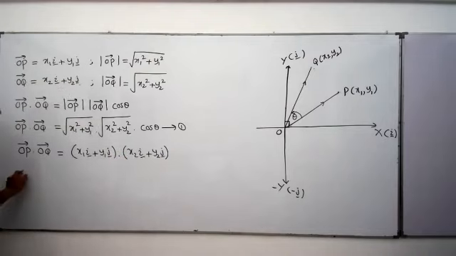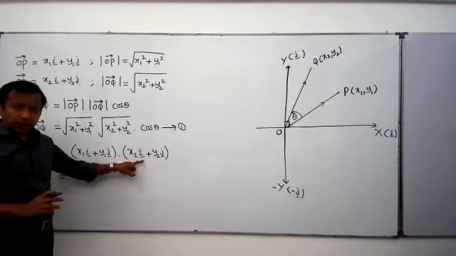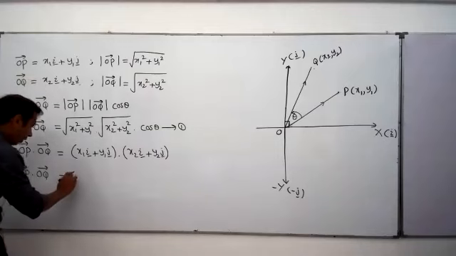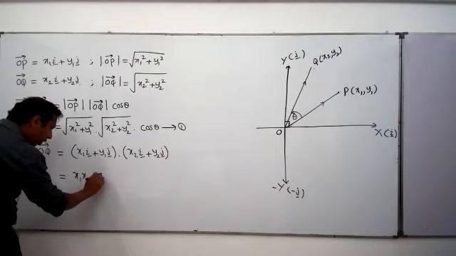We take this and this: x1 and x2 we multiply, i dot i.